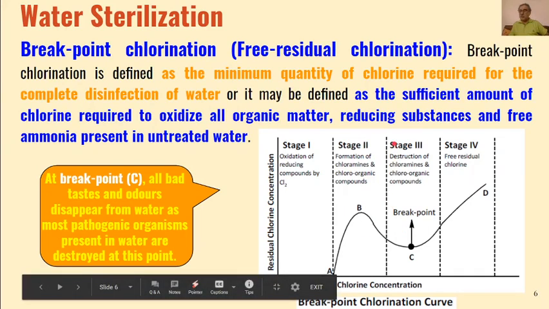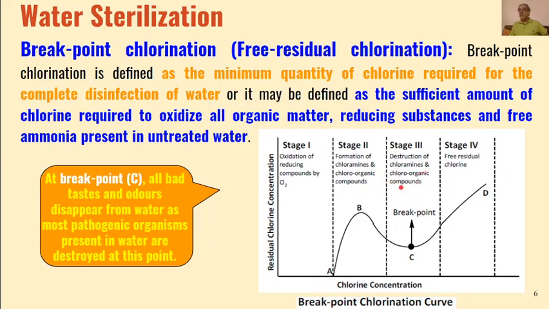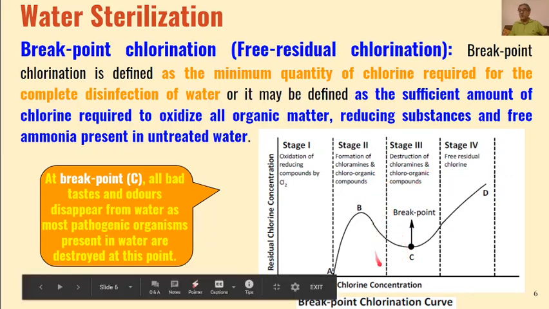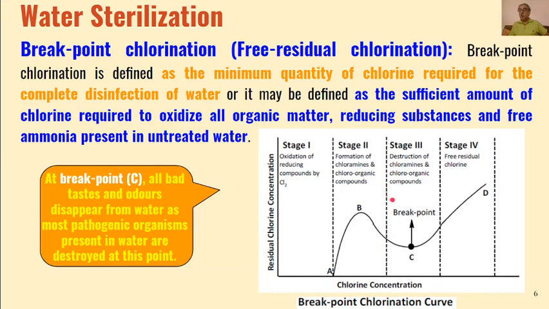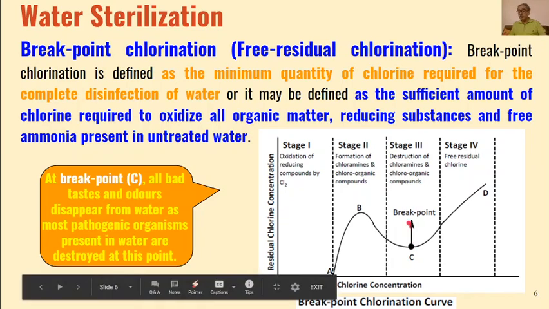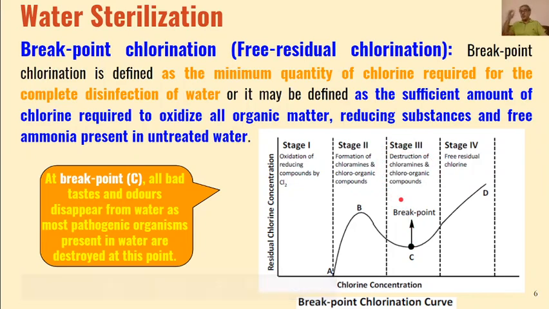And in stage 3, from point B to point C, the destruction of chloramines and chloroorganic compounds will take place. All those chloramines and chloroorganic compounds will react with HOCl and nitrogen gas will be formed, HCl will be formed, and that means destruction of those chloramines will take place.